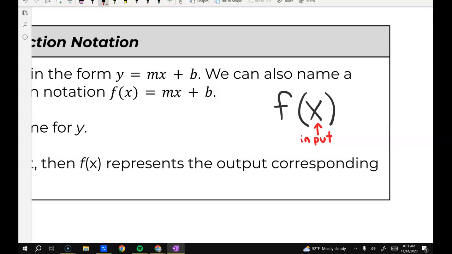And then if you take the whole thing together, with that f and of the x, all of that represents what your output's going to be.